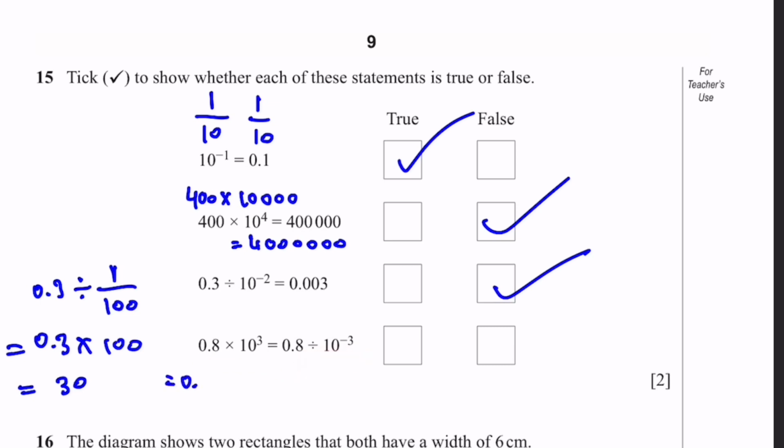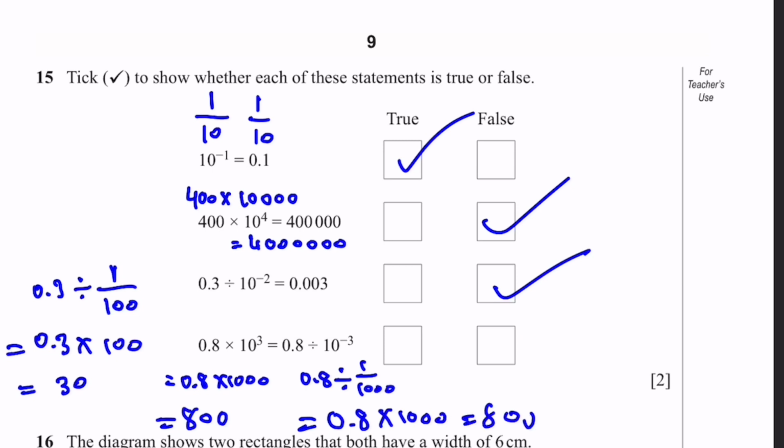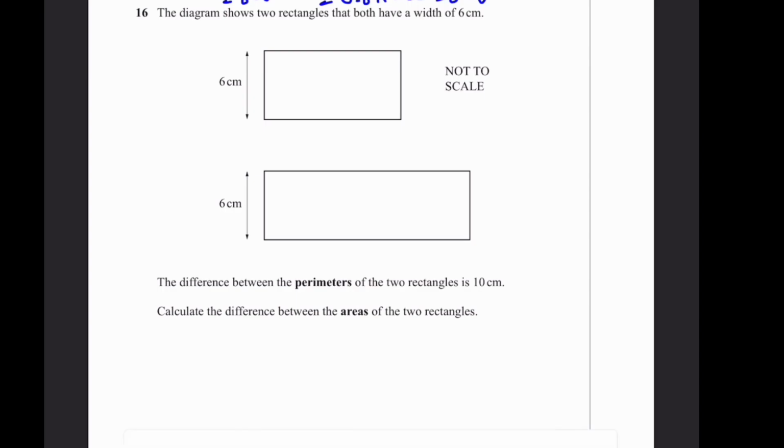So that's equal to 0.8 times 1000, which is equal to 800 on the left side. And then 0.8 divided by 1 by 1000, which is equal to 0.8 times 1000, which is again 800. So this statement's true.